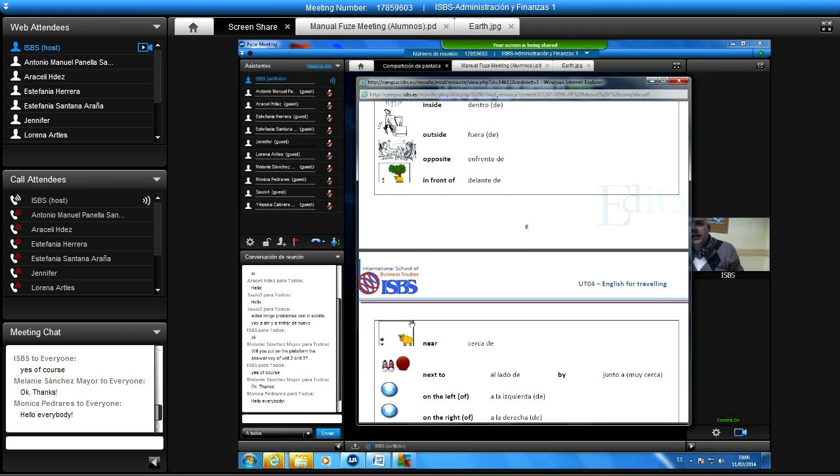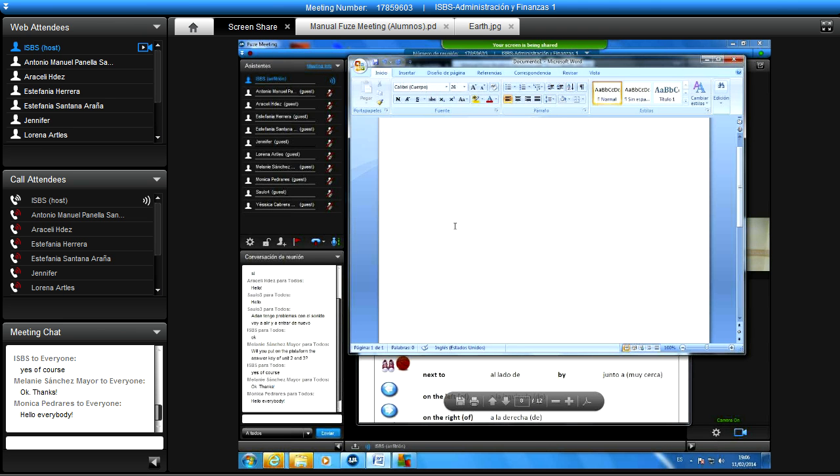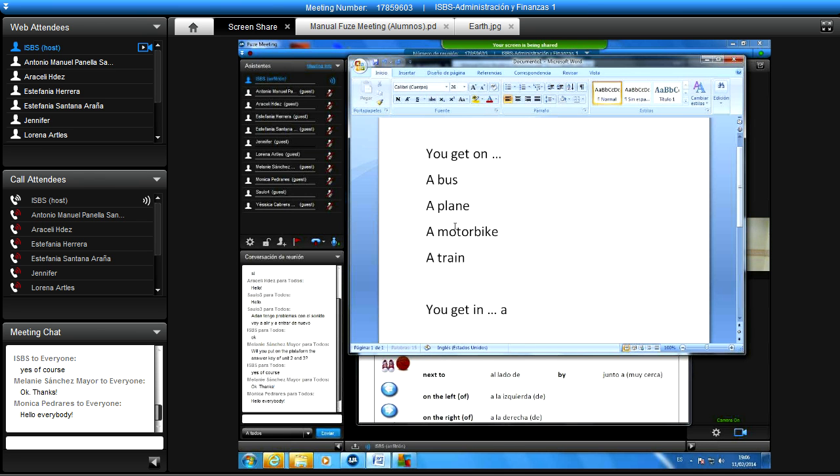So normally, for example, you get on a bus, on a plane, on a motorbike, on a train as well, and then you get in a taxi, or in a car, in a van, in a cab.